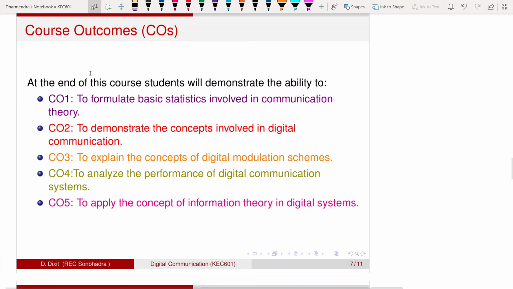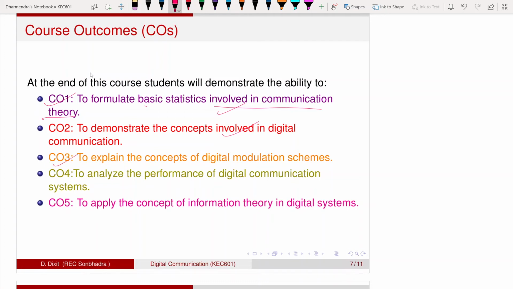There are 5 course outcomes defined for this course. The first course outcome is to formulate basic statistics involved in communication theory. Basically, in the first unit we will discuss this. Second is to demonstrate the concepts involved in digital communication. That course outcome is related to the second unit.